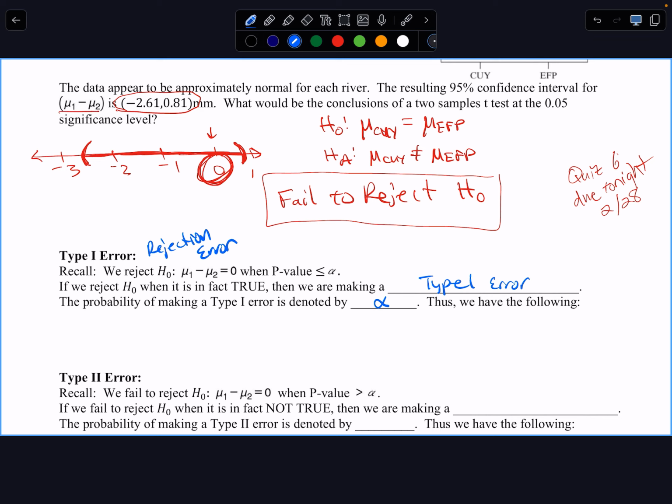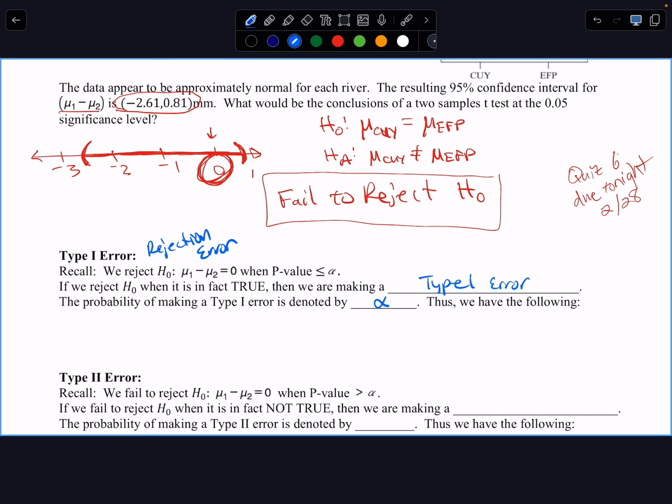So whenever we do a hypothesis test, we set the type 1 error rate, all right? When we say the significance level is 0.05, we're saying that we have a 0.05 probability of making a type 1 error, rejecting the null hypothesis when we should not reject it, right?